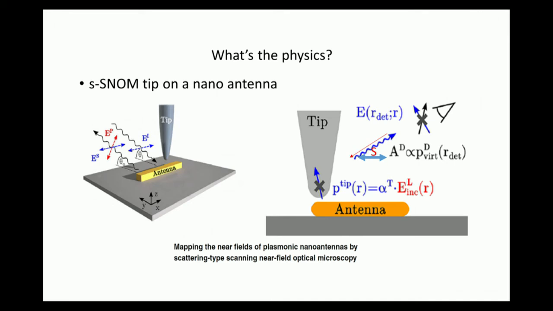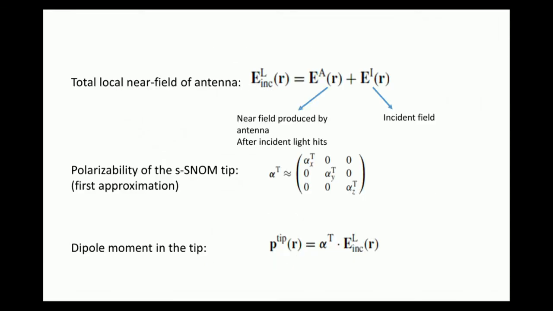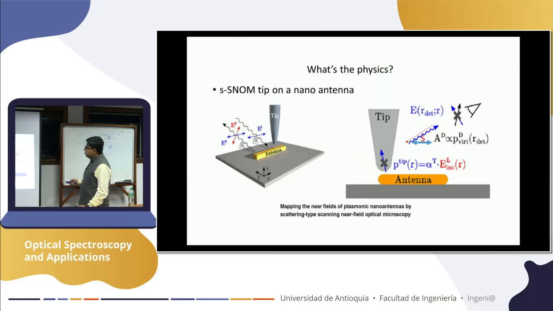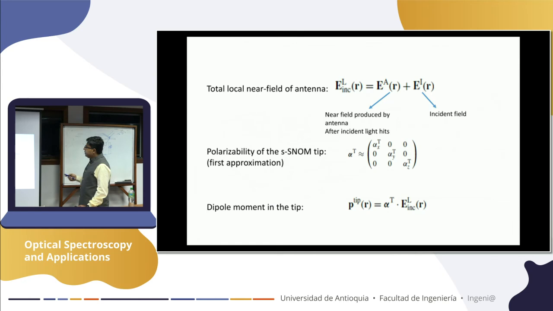Always metal, because of the lightning rod effect, it has more electron density, meaning number of electrons divided by area is a density. So electron density is much higher. So you create a strong plasma, and strong plasma creates a strong electric field. So your total field here is the incident field, and then the field you produced because of the sharp tip.